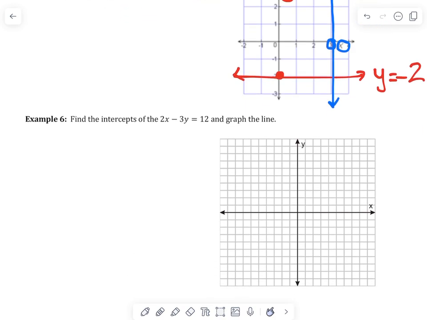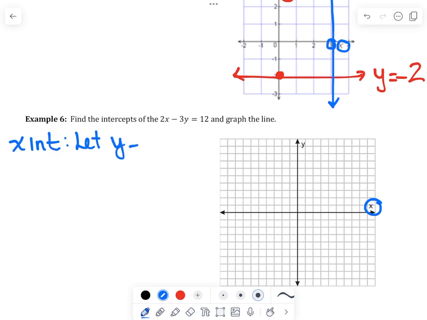Example 6, find the intercepts and graph it. So this is in what we call general or standard form. We want to find out where it crosses the x-axis, so let's start there. So to find the x-intercept, you let y equals 0. So we substitute 0 into that equation.